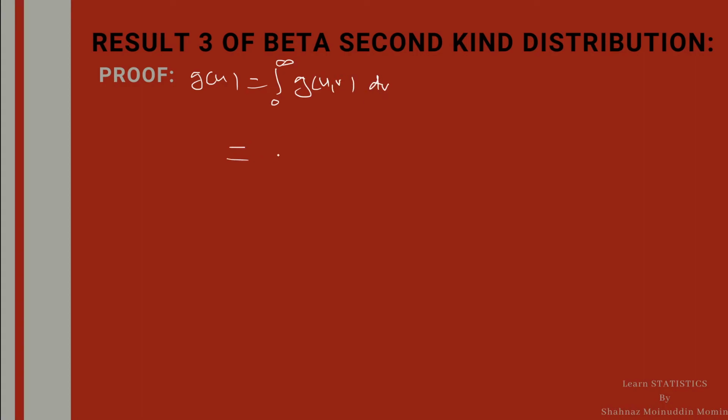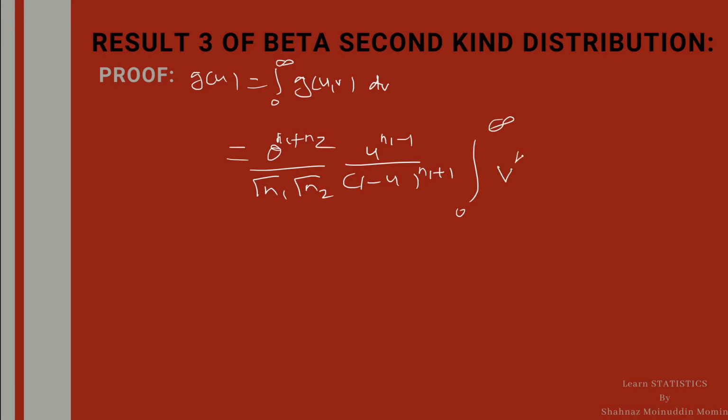I will take the constant outside the integration first. Theta raised to n1 plus n2 over gamma n1 into gamma n2, U raised to n1 minus 1 divided by 1 minus U raised to n1 plus 1, integration 0 to infinity V raised to n1 plus n2 minus 1 multiplied by e raised to minus theta V upon 1 minus U into dV.